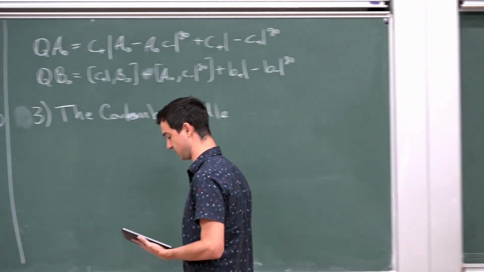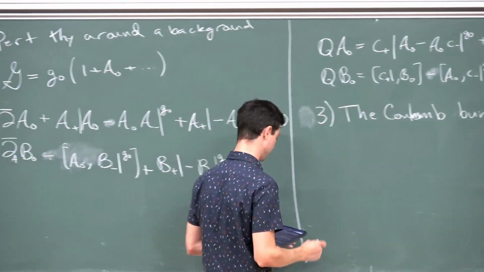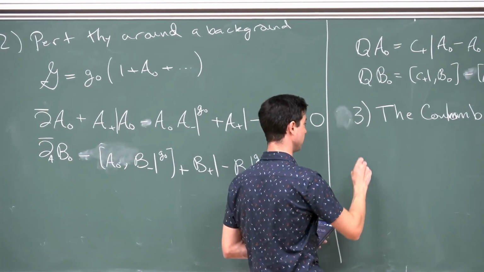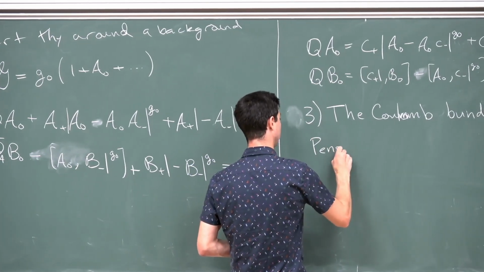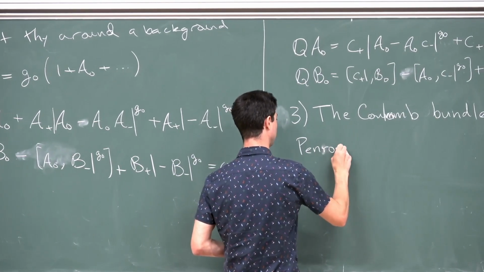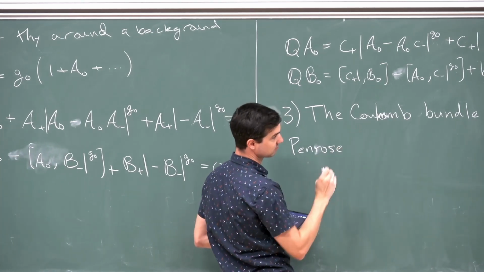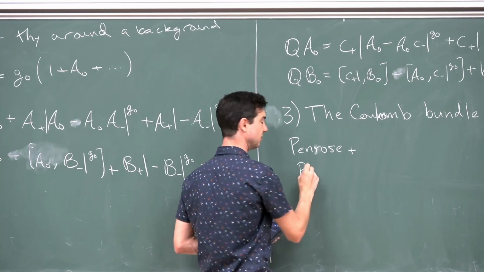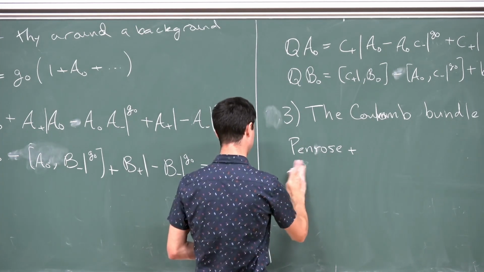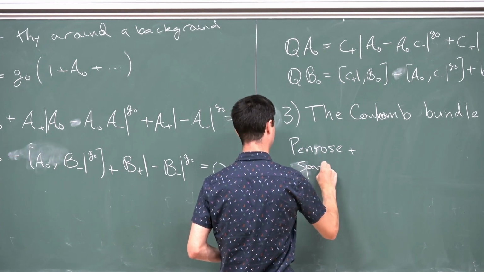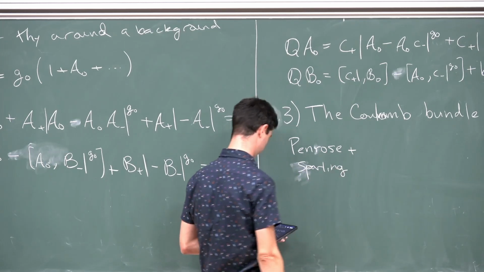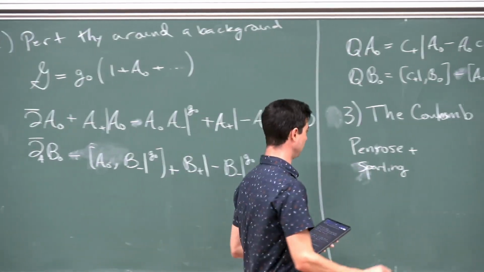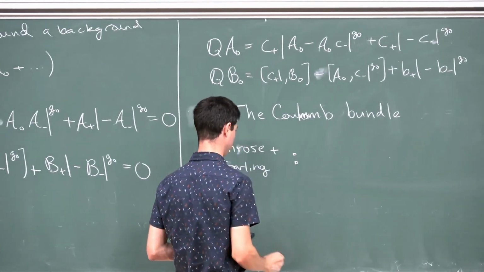And this thing is known as the Coulomb bundle. And it was discovered, from what I understand, based off further advances in twistor theory, by Roger Penrose and George. And I'll just write it schematically.